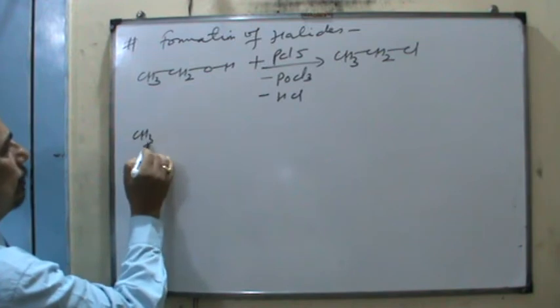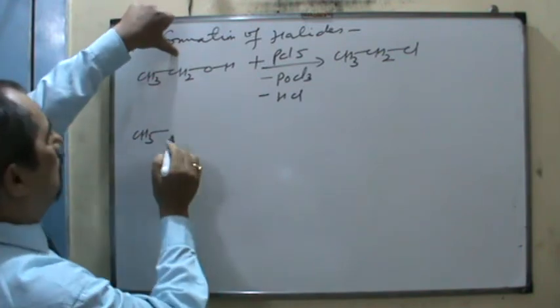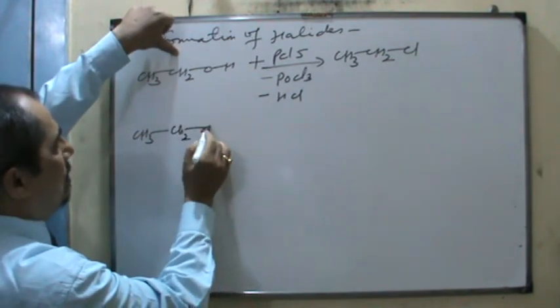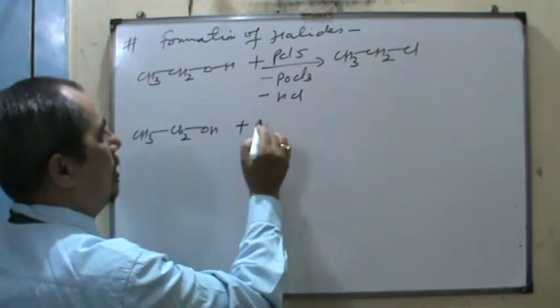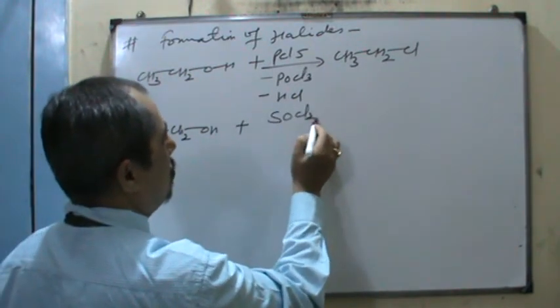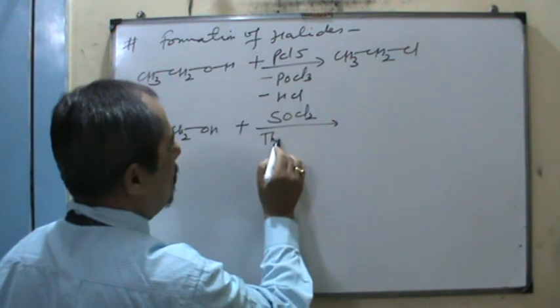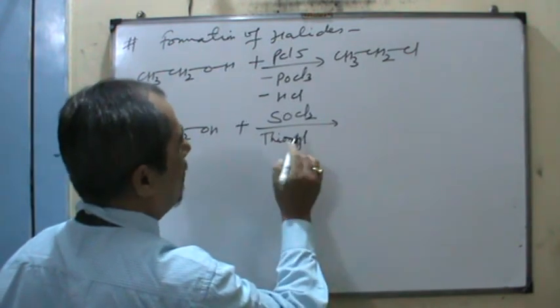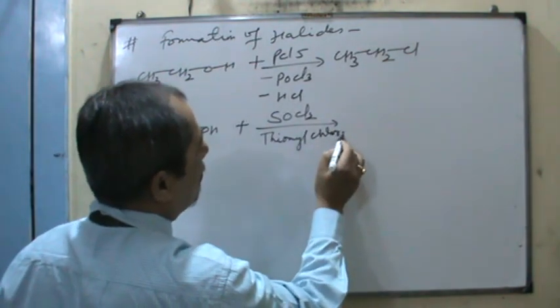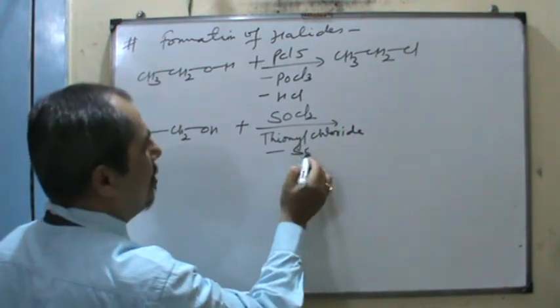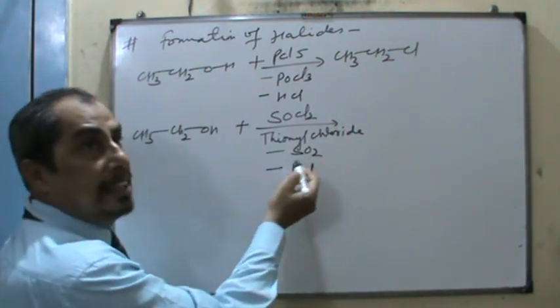I take CH3CH2OH plus SOCl2. This is what actually SOCl2 we have done in the alkyl halide, thionyl chloride minus SO2 minus HCl.